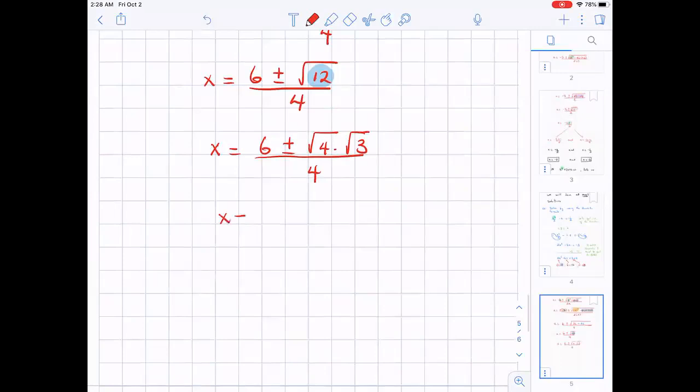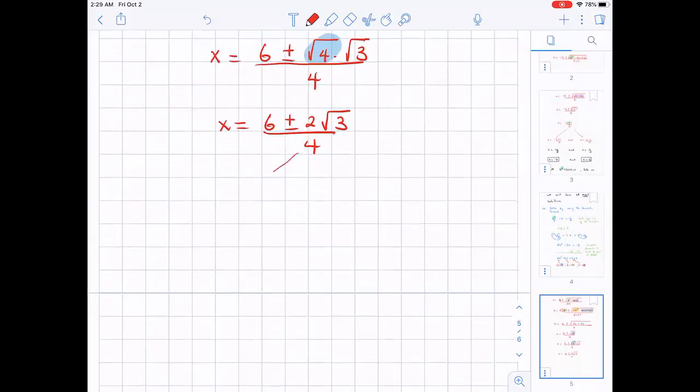And that becomes x is 6 plus or minus, the square root of 4, we know, is 2, times the square root of 3, over 4. And now I split my problem into 2.